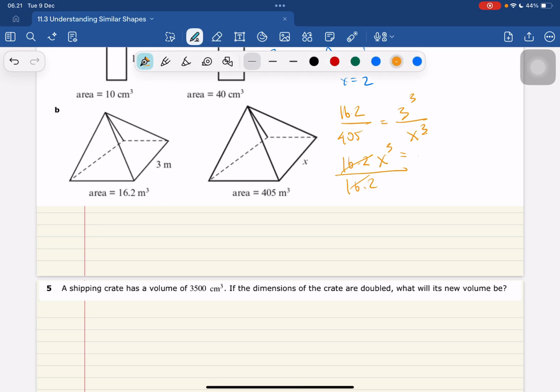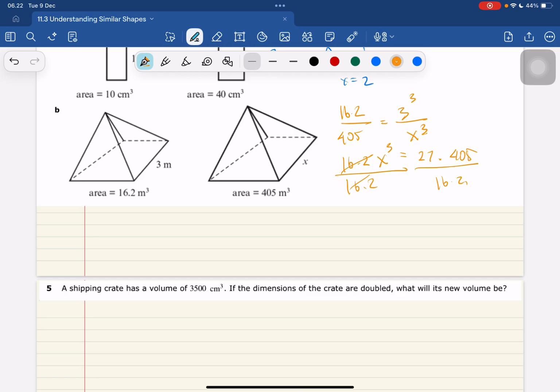So this is going to be 27 multiplied by 405, then divided by, I think, yeah, we divide by 16.2. So we can try 405 divided by 16.2.